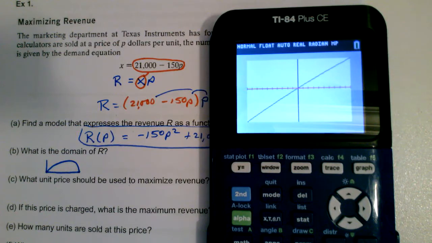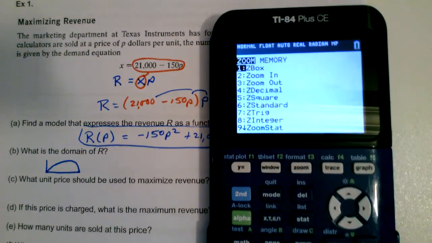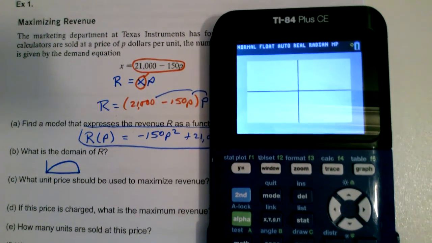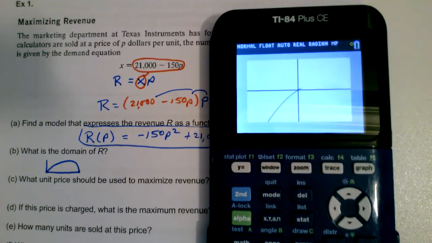Do you see that? Okay, I think it's working now. Okay, now we do zoom 3. And we press enter. And you just got to do it one more time. Got it?